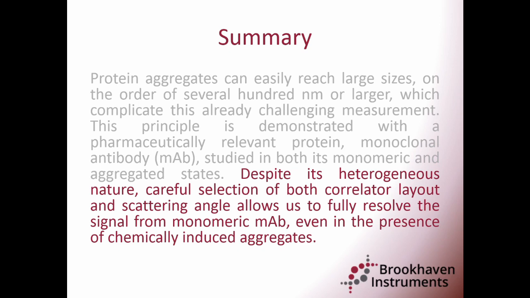Despite the fact that this aggregated sample is extremely heterogeneous, we're able to still obtain useful information from this experiment by carefully selecting both the correlator layout and the scattering angle, and so we're able to fully resolve the signal from monomeric mAb that happens to be coexisting with that of aggregated protein.